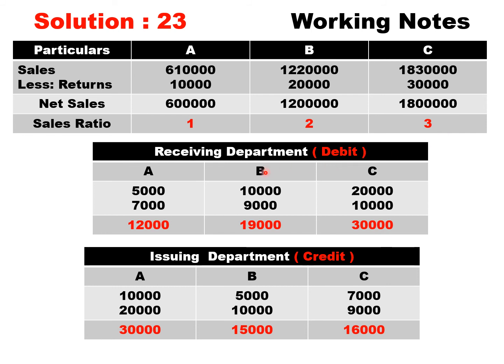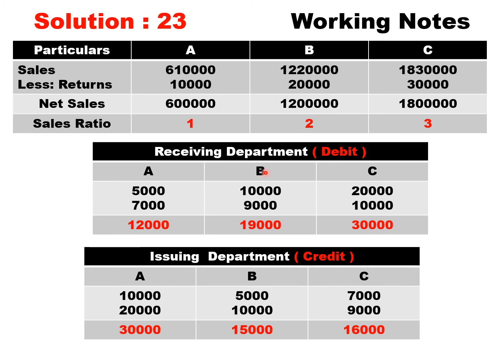Then students, kindly listen. In 22nd problem and 23rd problem, I have done two different ways of treating the transfers. In 22nd problem, transfers are directly taken to trading account. But here, I have made a working note and then I'm taking it to trading account.